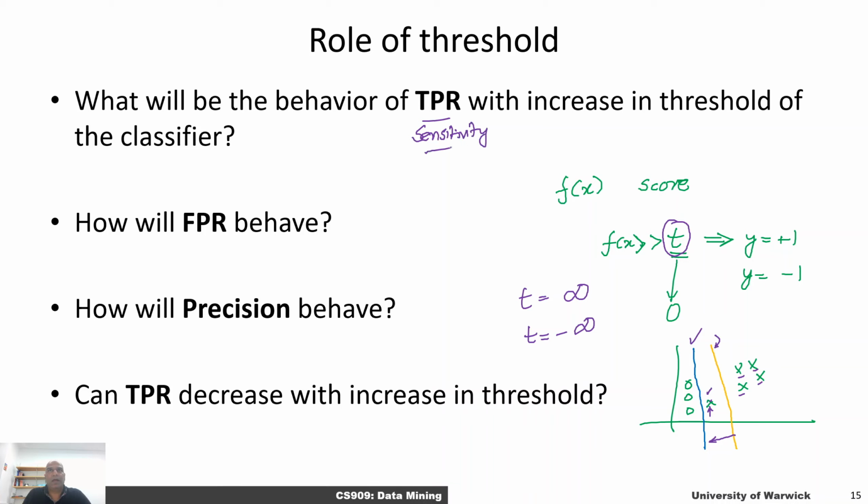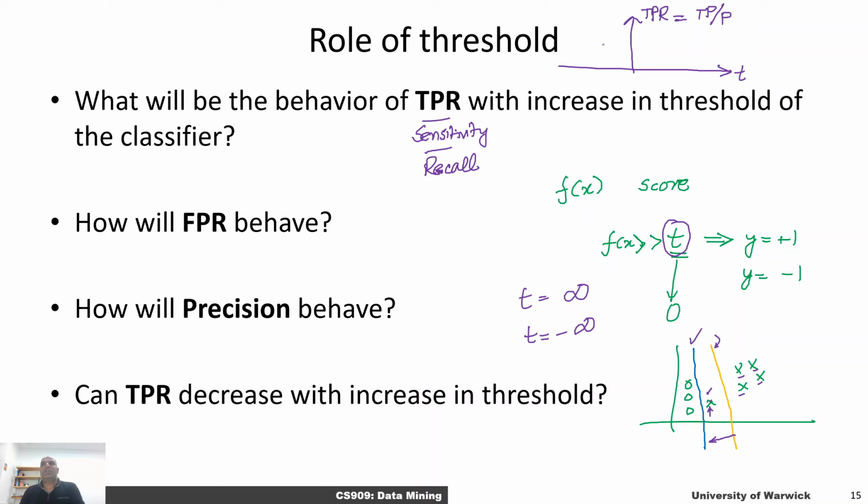How is that going to change as we change the threshold? Let's make a conceptual plot in which we plot the threshold on the x-axis and the true positive rate, which is defined as the number of true positive examples out of the total number of positive examples. So it's going to be TP by P. That is the true positive rate.